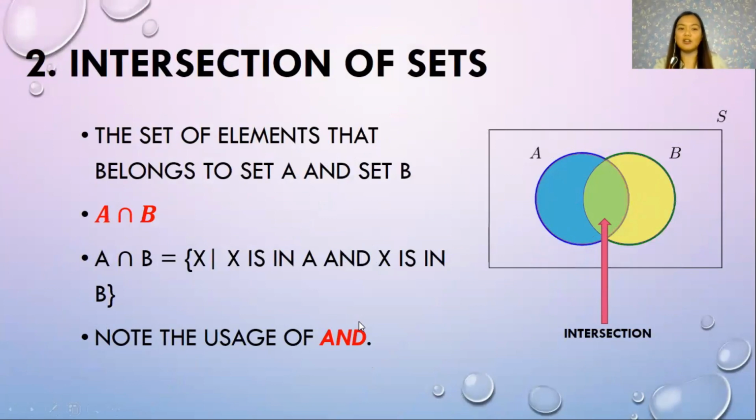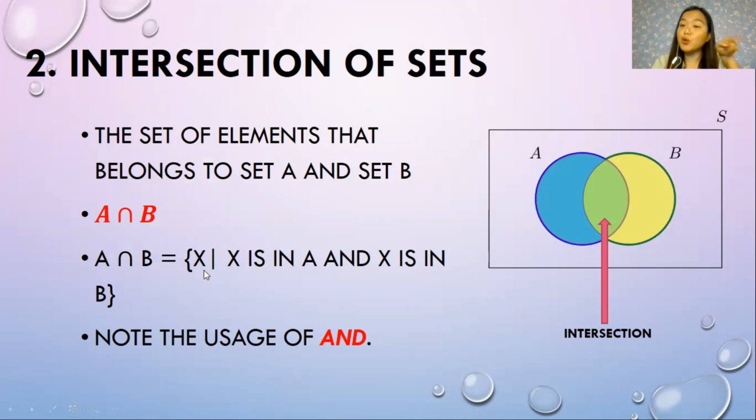The intersection of sets. The set of elements that belongs to the set A and set B. So, kung yung union kanina, parang letter U, itong intersection, parang inverted U. Pabaliktad. So, A intersection B. It is read as A intersection B, such that X is in A and X is in B. So, note the usage of AND.